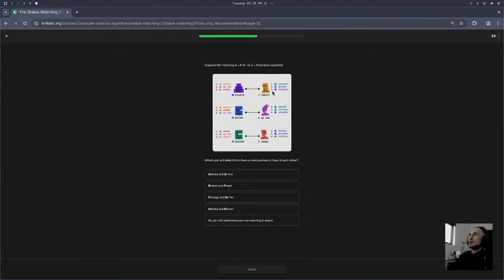So he wants Peretti. Okay, Peretti wants Chicago. Chicago wants Ramon. I feel like drawing a graph here. So Peretti's top two is number one in Atlanta and Boston, but Peretti wants to go to Chicago, but Chicago wants Ramon and Kiyen.